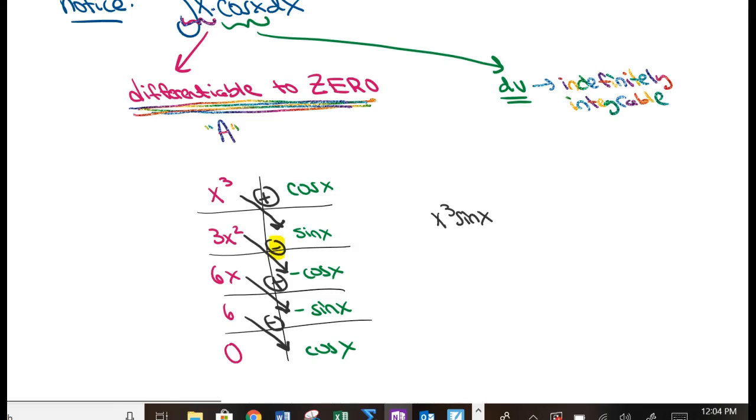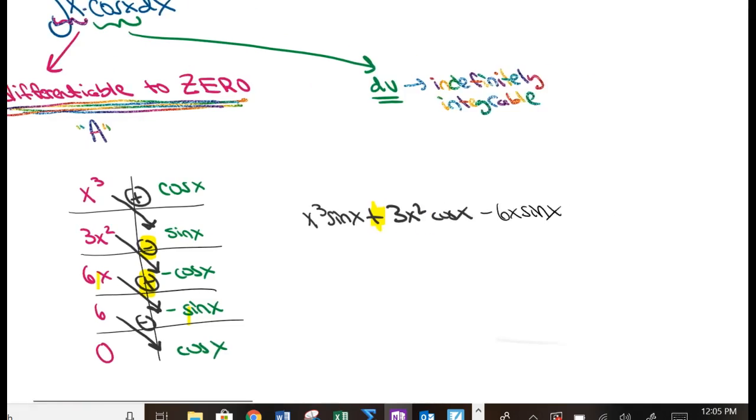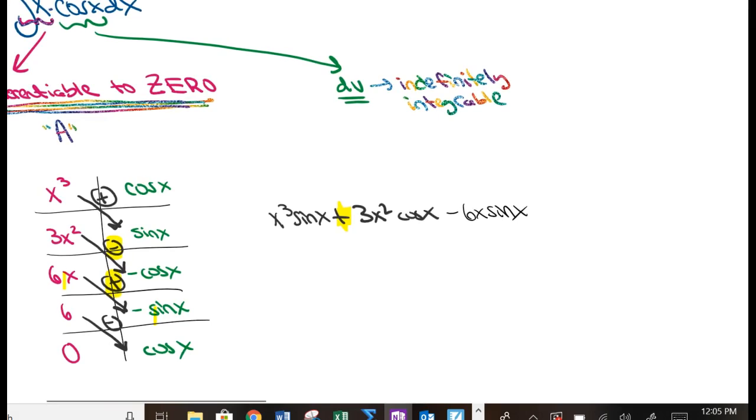Negative 1 times 3x squared times negative cos x equals positive 3x squared cos x, because negative 1 times this product is negative. Now we're down here. Positive 1 times 6x times negative sine x gives you negative 6x sine x. And then finally, negative 1 right here times 6 times cos x gives you negative 6 cos x.